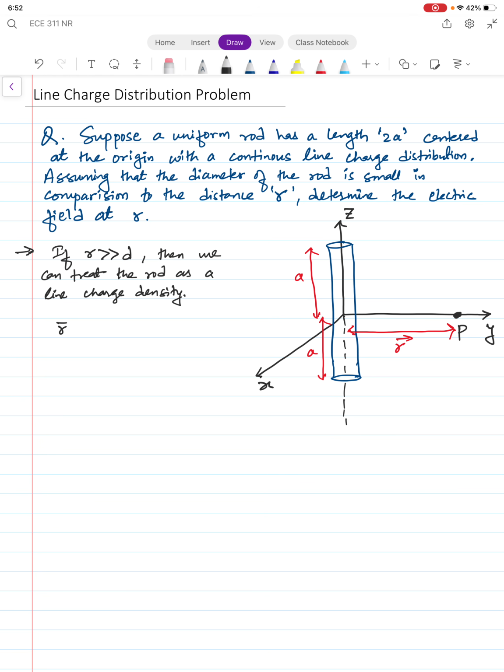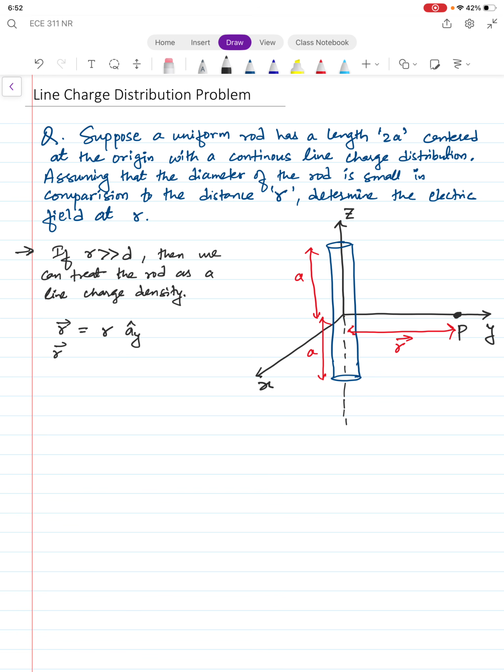So our r in this case is r, and it is along y. So the unit vector will be along a_y, or along the y-axis, and that is how we write our r vector, which is the observation point.